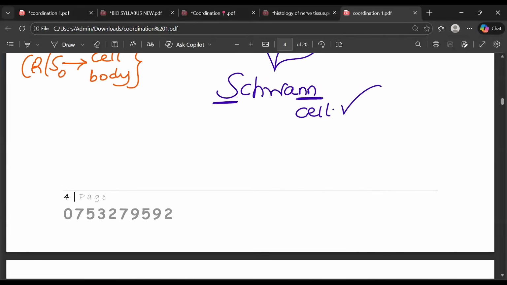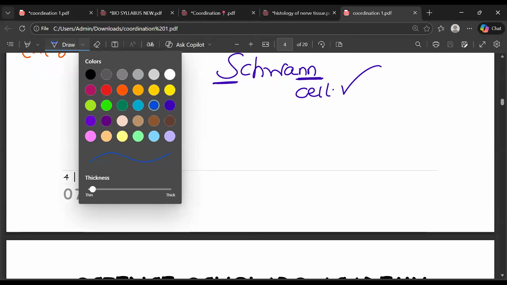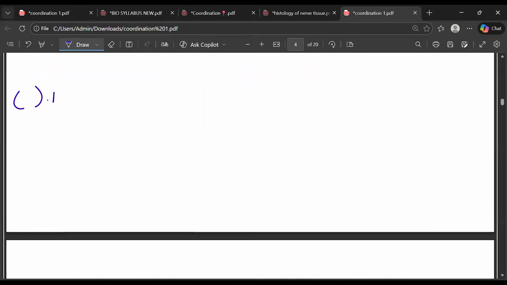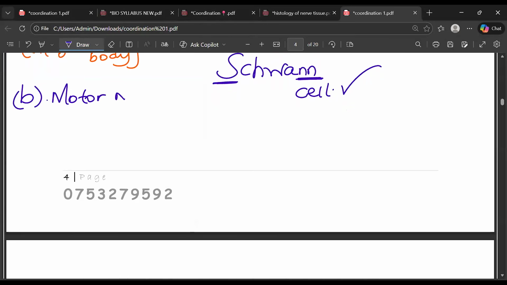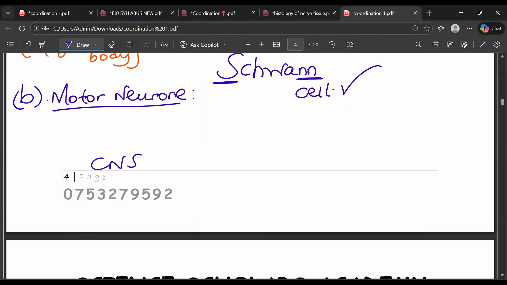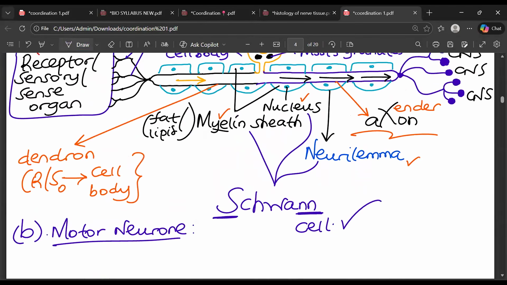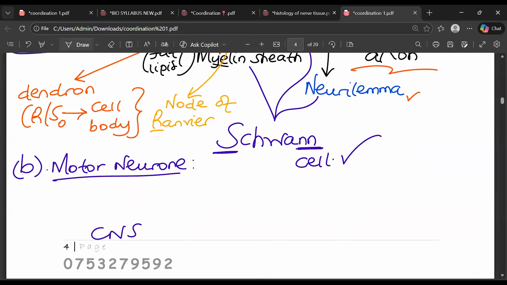Just a moment. So I said that this one is going to be our motor neuron, the one we are handling next. And I said that here we are having our CNS. This is where we have the node of Ranvier. Ranvier is supposed to be capital R to respect the person who named it.